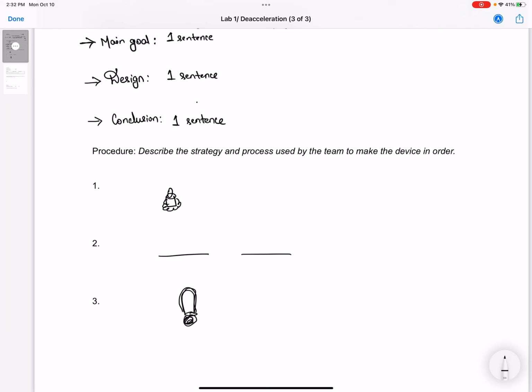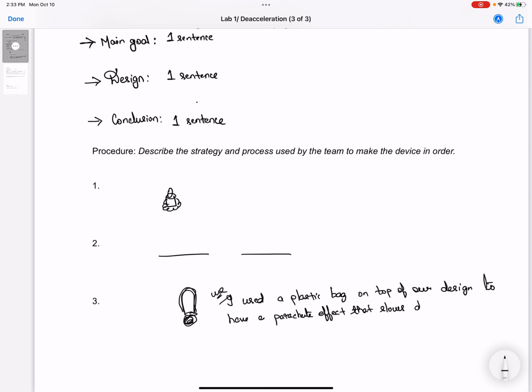So for example, the third sentence would be like, I used, or we used, if it's a group project, we used a plastic bag on top of our design to have a parachute effect that slows down the speed of the device.